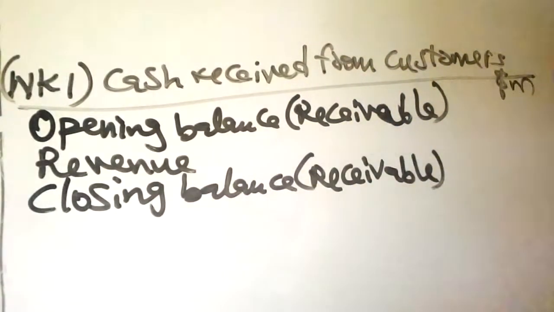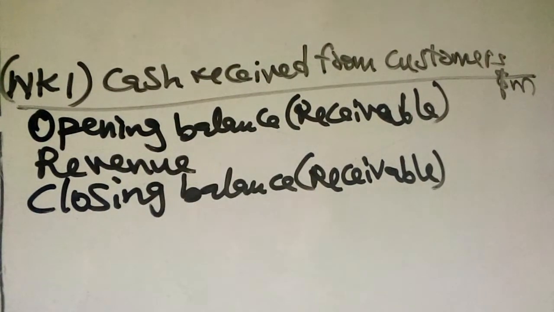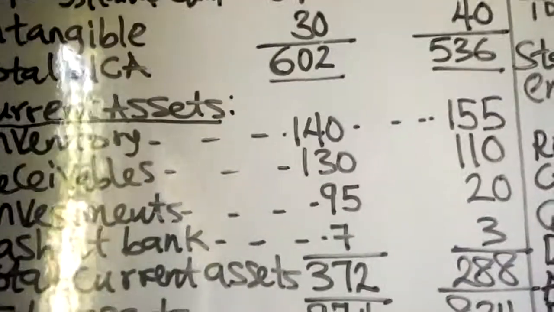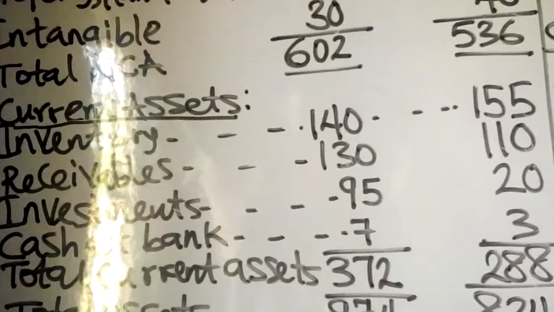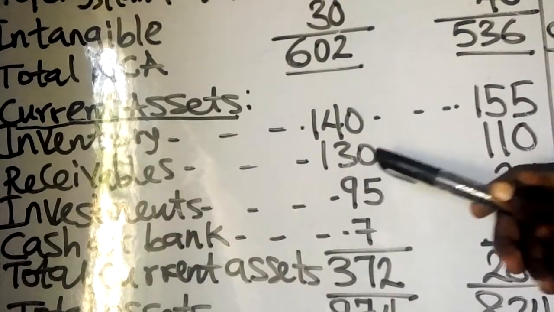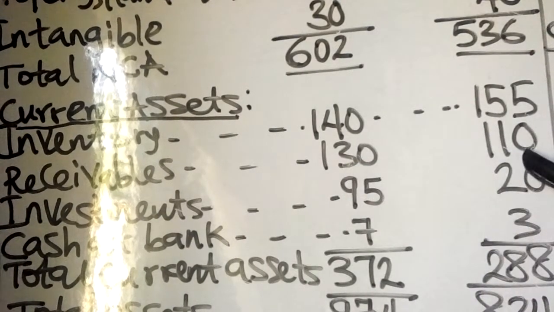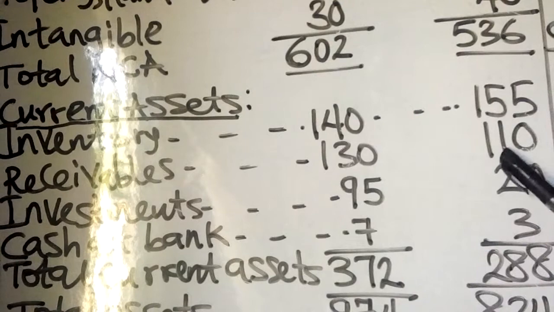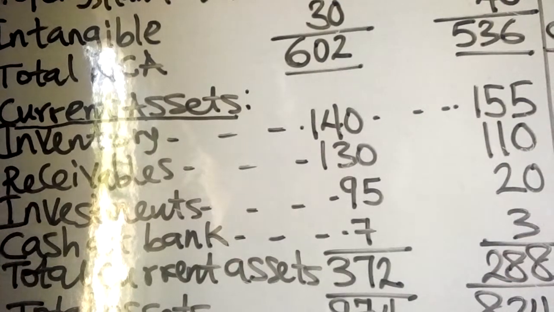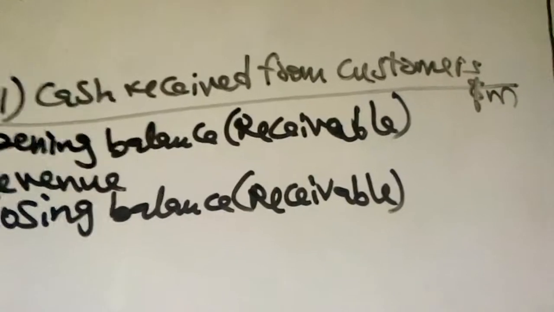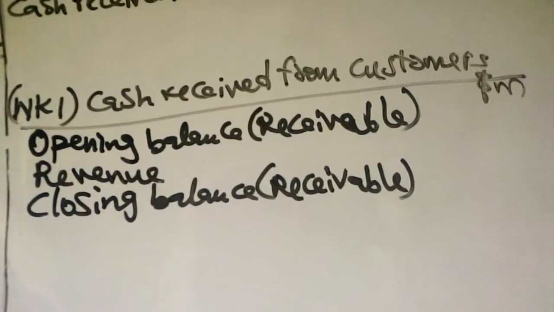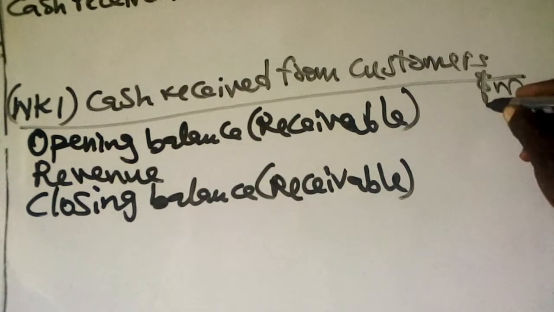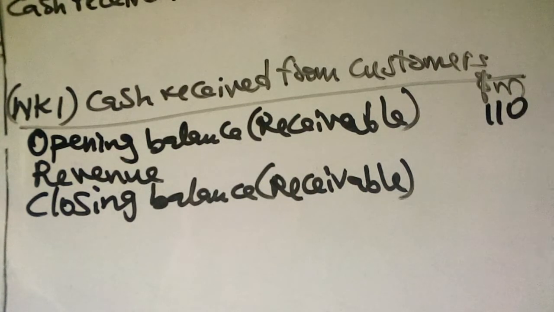Your receivables will be found under current assets in the statement of financial position. Now let's check our current assets. We have receivables for 20x7 and 20x6. The opening balance is 20x6 while 20x7 is the closing balance. So the opening balance is 110 while the closing balance is 130. We are going to slot it in. We subtract our closing balance.